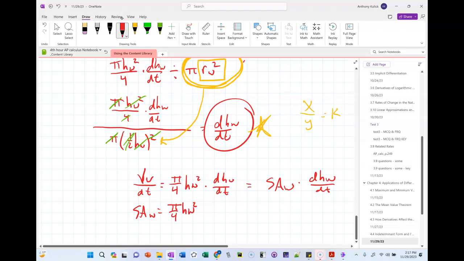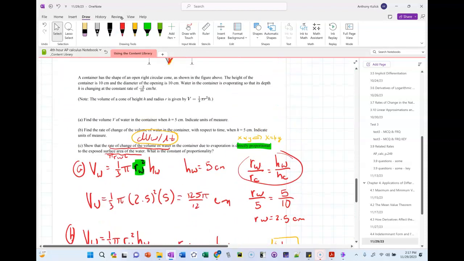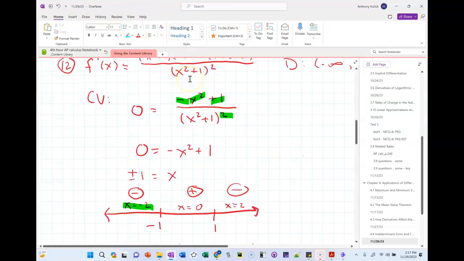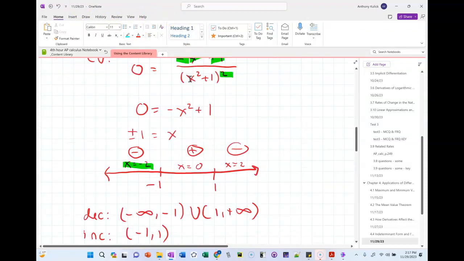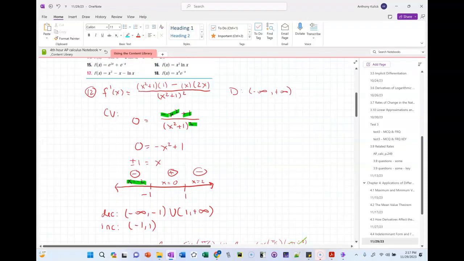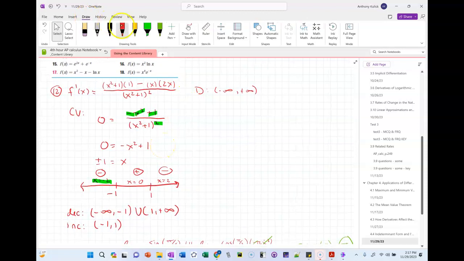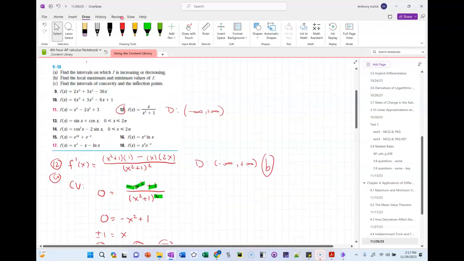Christian. 12? Oh, the one that we did way back here? This one? Sure. So part B says to find the local maximum and minimum.